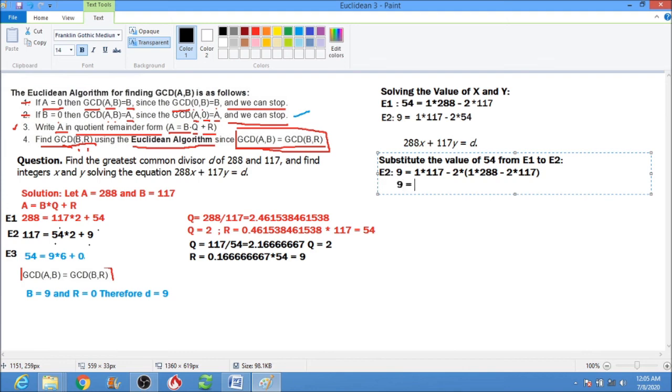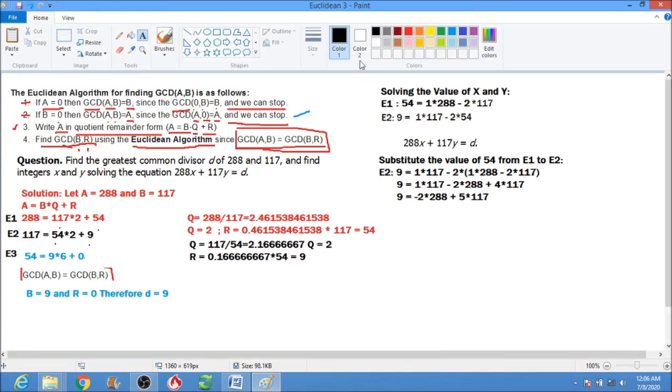Then simplifying, we have 9 equals 1 times 117 minus 2 times 288 plus 4 times 117, and then 9 equals negative 2 times 288 plus 5 times 117.